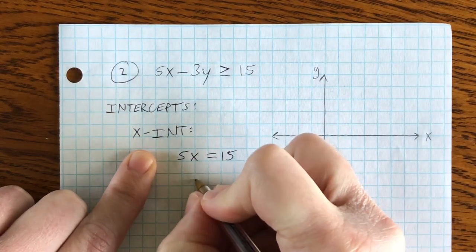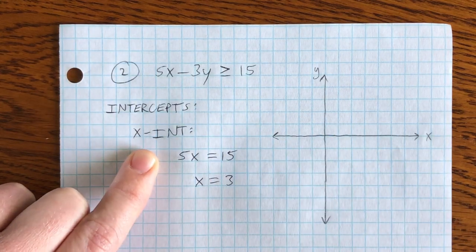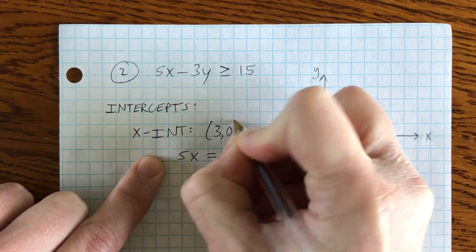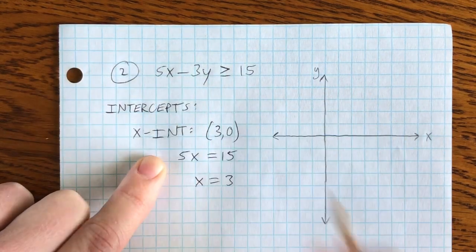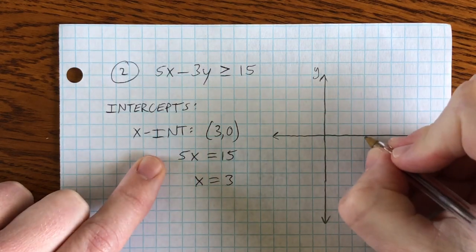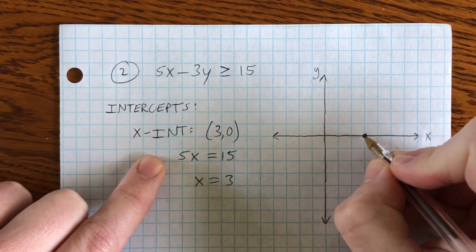This is telling me that x should be 3. So we know that the point 3, 0, which is our x-intercept, is going to be a point on the graph of this line. So I'm going to put a point right here at 3, 0.